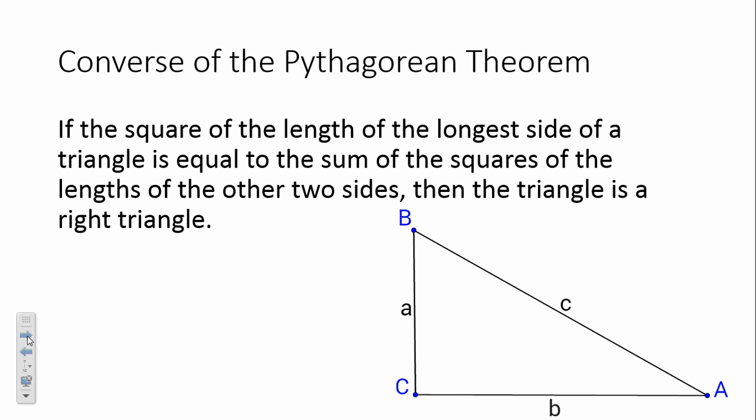If the square of the longest side equals the sum of the squares of the other two sides, then the triangle's a right triangle. If the square of the longest side equals the sum of the squares of the other two, then we have a right triangle.